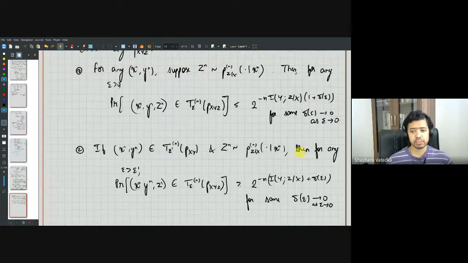Now, in some cases, we'll also want a lower bound for the probability that they're jointly typical.